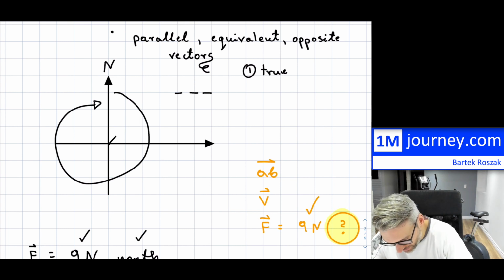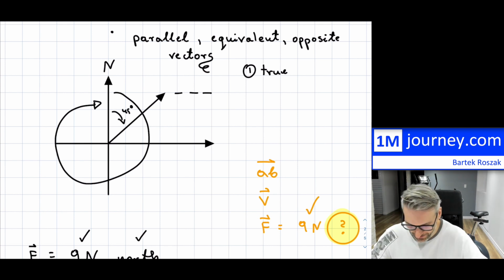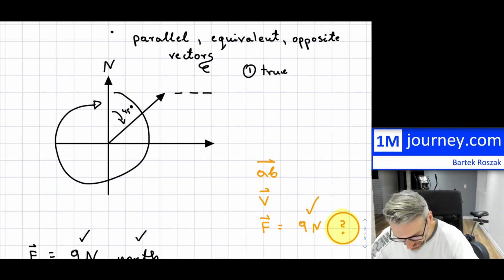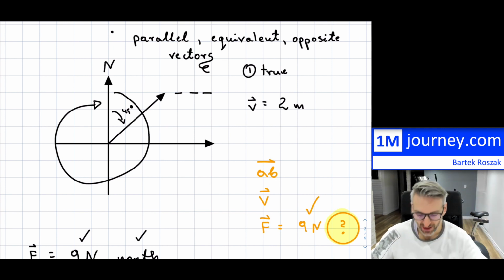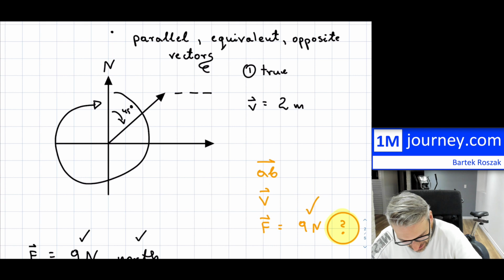So for example, if I had, let's say this was my vector, and let's say make it about 45 degrees. So this would have been 45 degrees in there. How would I designate that? This is the vector that I have, and let's talk about an actual 2 meters in terms of its length, and this would have been designated as 0, 4, 5 degrees.